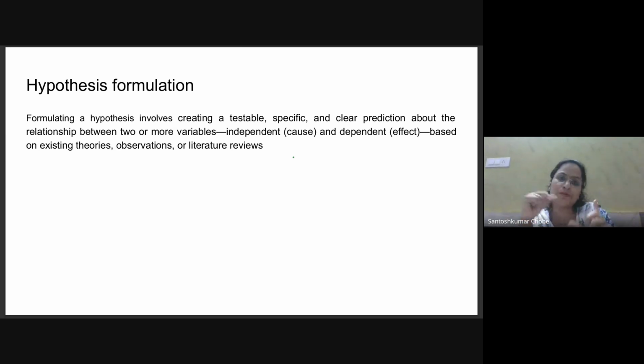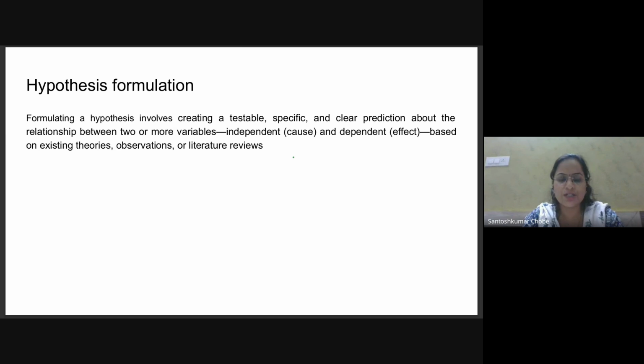These are the types of variables which we have. The basic general categorization of variables is dependent and independent variables. The independent variable is the cause, and the dependent variable is the effect of that cause. My simple example is cutting of trees as the independent variable, and the dependent variable is the increase in temperature or reduction in rainfall. So how do I formulate the hypothesis?